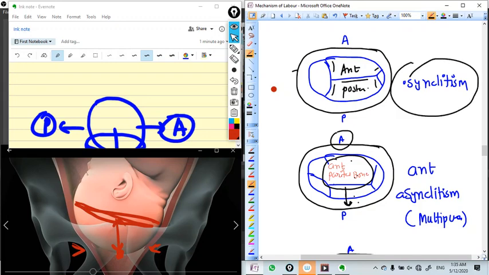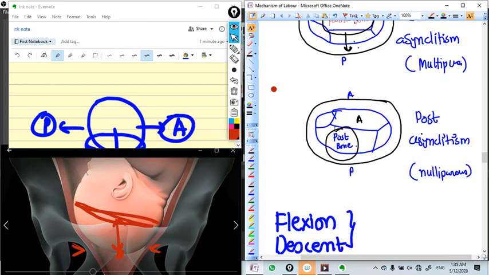Normally what happens? Synclitism, where both anterior and posterior parietal bones are seen equally. The sagittal suture is in the center. It is not toward either anterior or posterior. Again, the second one is when the head is tilted posteriorly. That means the sagittal suture goes anteriorly, and you see most of the presenting part made of the posterior parietal bone, and the anterior parietal bone is not seen very well.